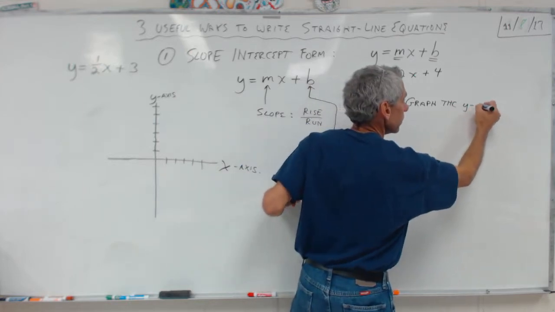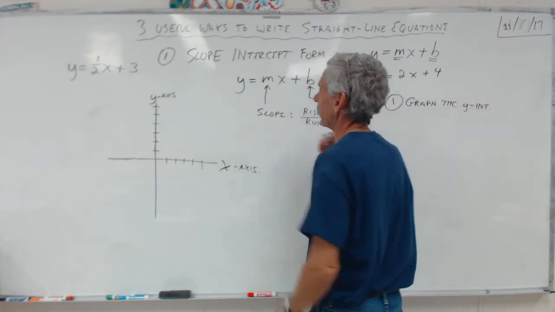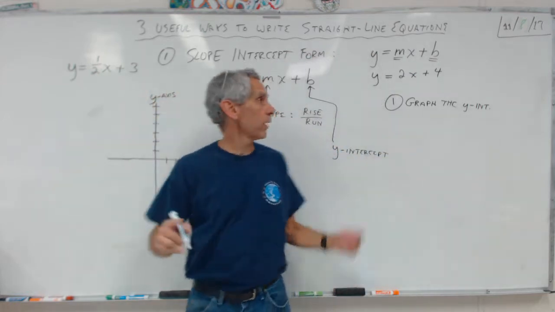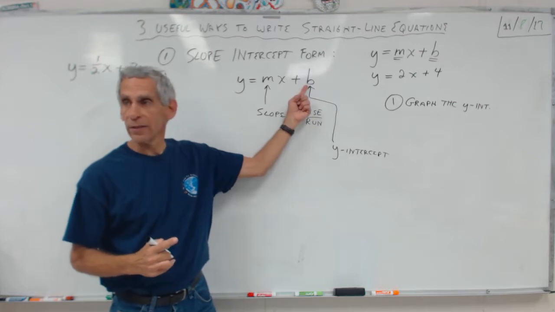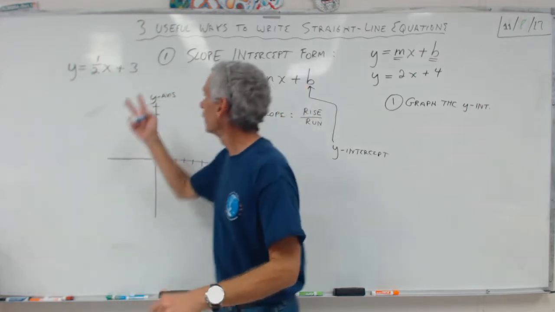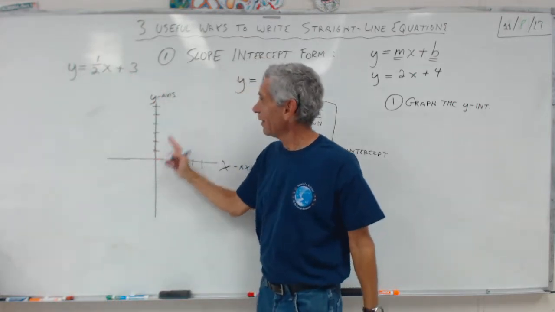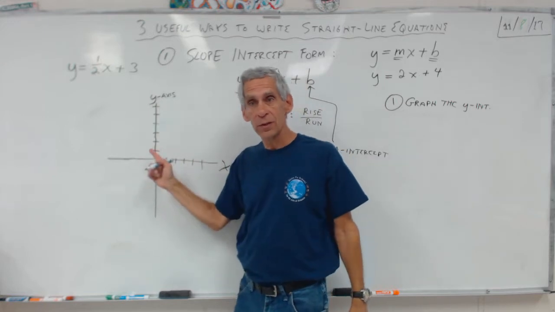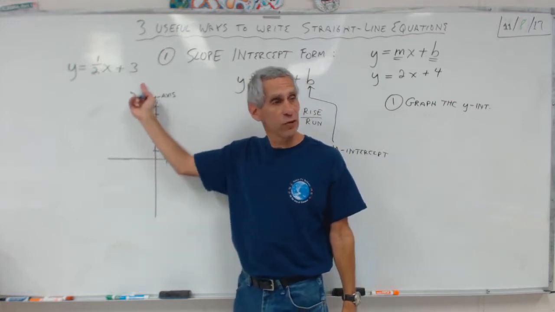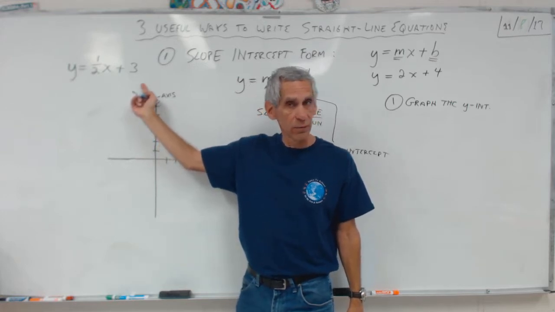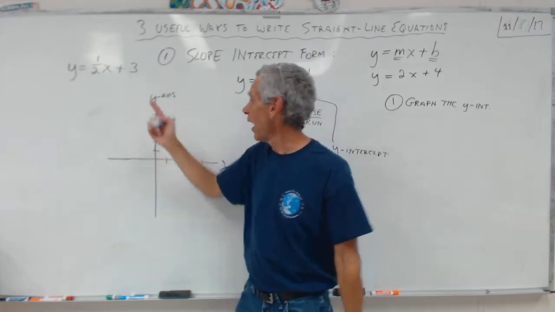So what is the y-intercept? Positive 3. The y-intercept is your B. It's the thing on the far right, so it's your positive 3. That is where it bumps into the y-axis, so that is actually a point. On the y-axis, all I have to do is go to 3. You with me? And I put a dot.